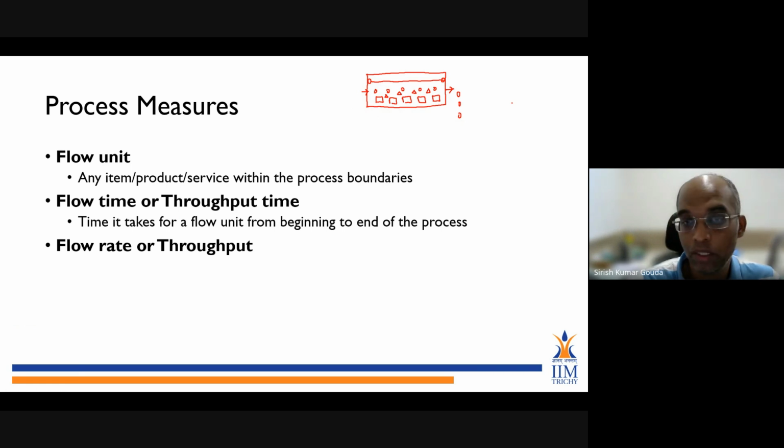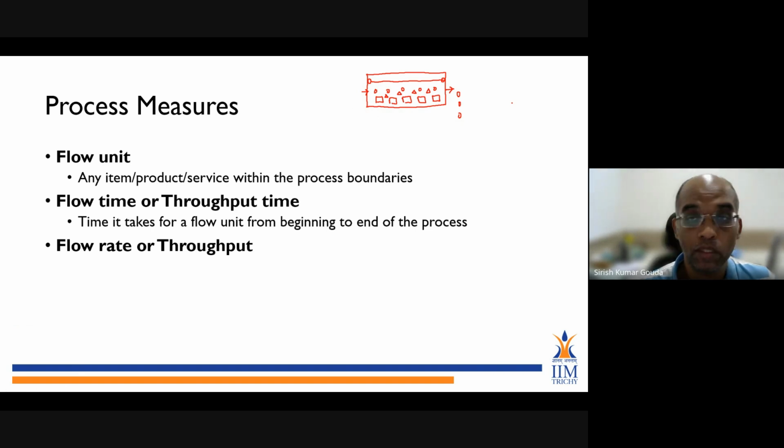So throughput is a word which is very commonly used in general parlance, and this particular measure is a representation of how much you can do. So for any particular process as well, the number of outputs that you can create in a given time is going to be flow rate. Now, it is easy for us to understand that the units corresponding to flow rate are going to be the total number of processed units for a given time.